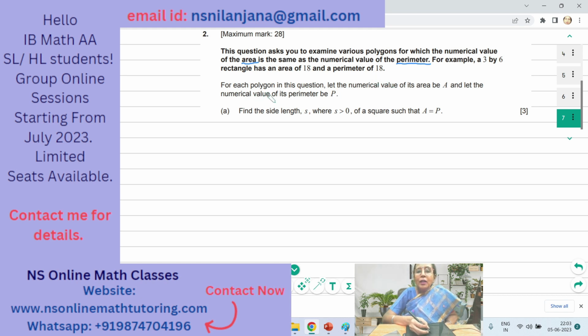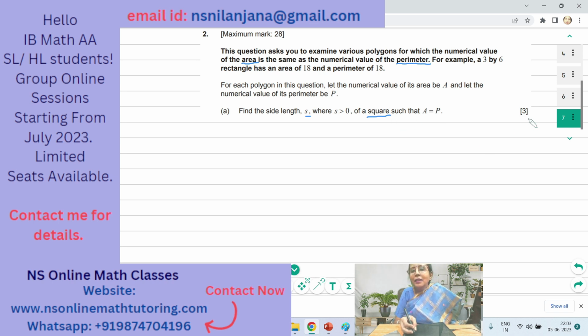For each polygon in this question, let the numerical value of its area be A and the numerical value of its perimeter be P. Subpart A: find the side length S, where S is greater than 0, of a square such that A is equal to P. That means the area of the square will be equal to the perimeter of that square.